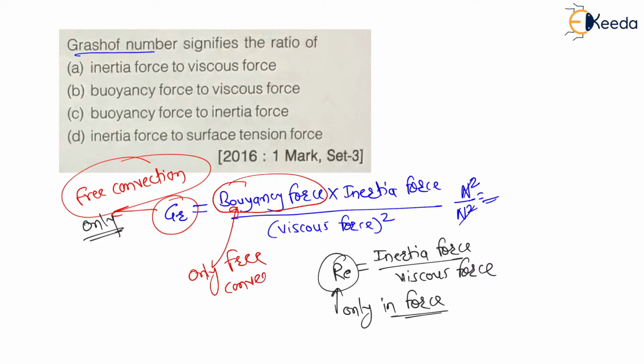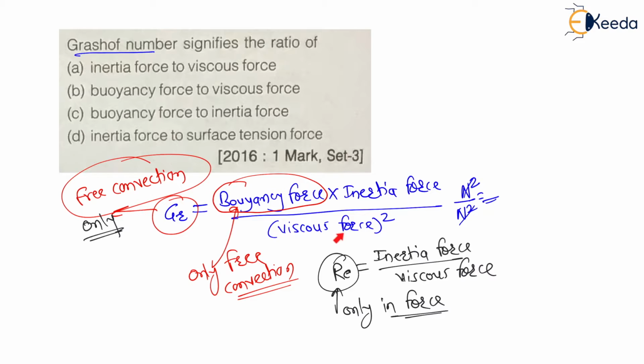In forced convection, there is no buoyancy force. Therefore, for the Grashof number, the buoyancy force is a must condition.